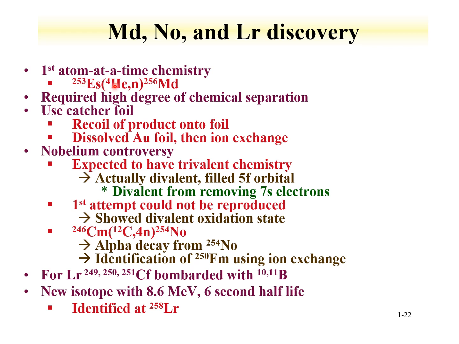What one would do is take the target and bombard it with helium nuclei, putting a catcher foil, usually gold, behind the target so that the recoil nuclei would go onto it. You would take that gold foil with the recoiling product on it, dissolve it in acid, then do ion exchange chemistry. There was some controversy with nobelium. It was expected to have trivalent chemistry, but it's actually divalent.